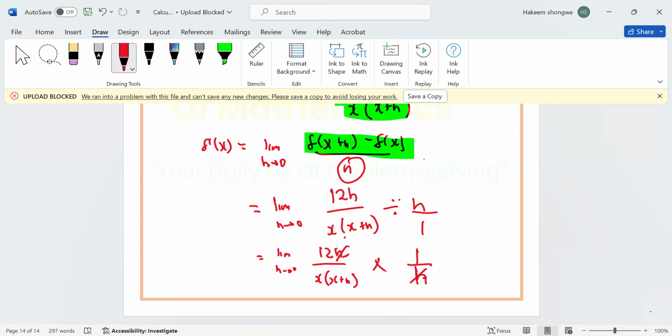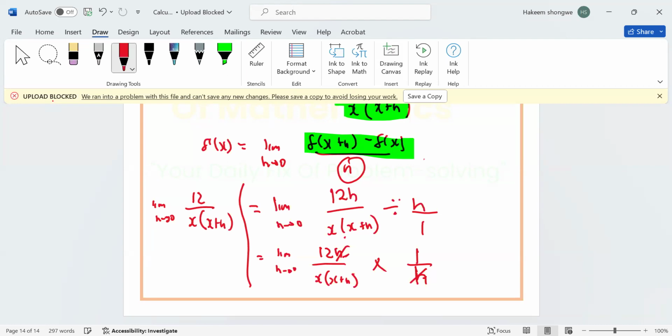And when they divide each other out, we are going to be left with something that looks like this: the limit as h approaches 0 of 12 all over x, open bracket, x plus h.